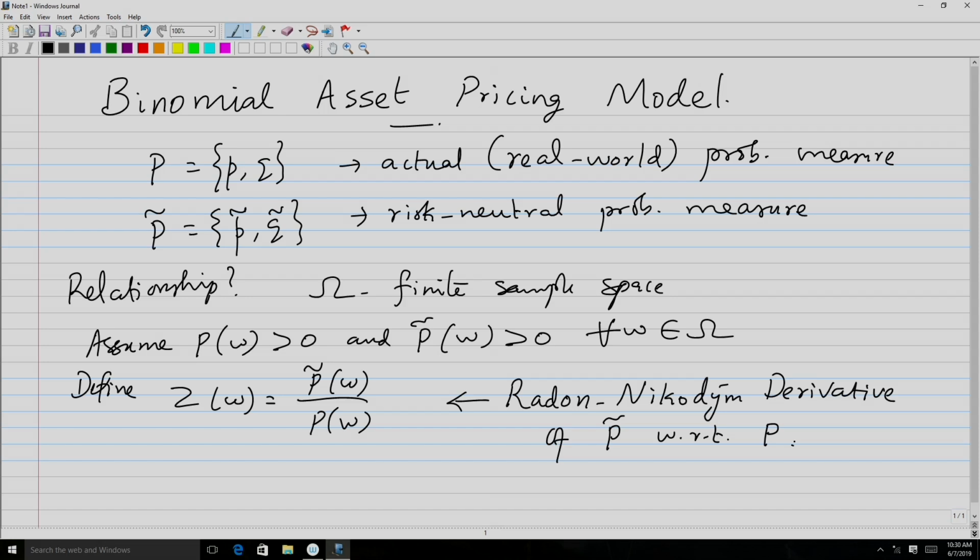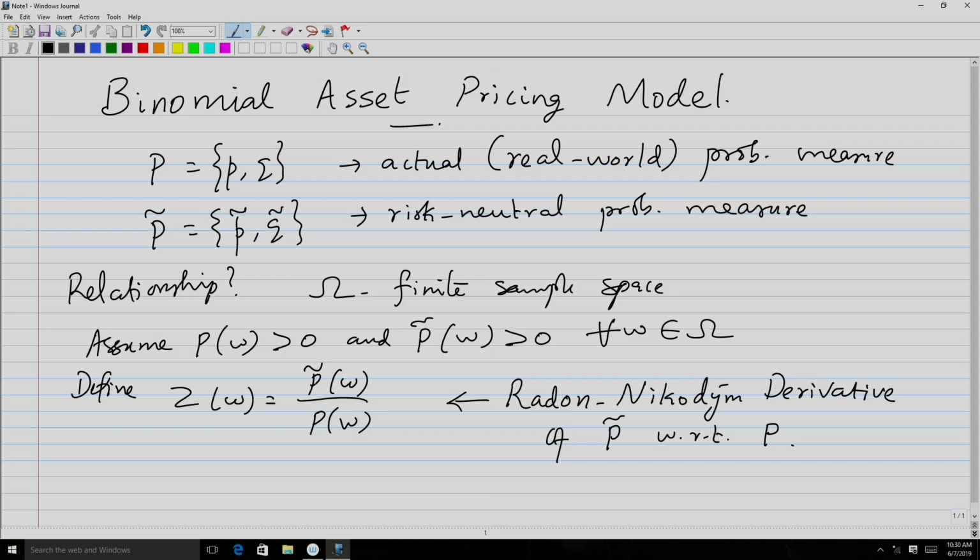This is called the Radon-Nikodym derivative, and it is a useful quantity through which you connect different probability measures in general. That is what you will see even in continuous time.